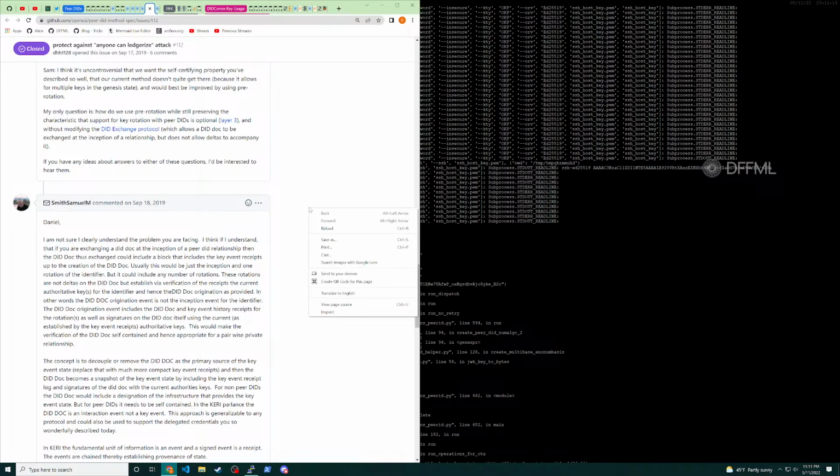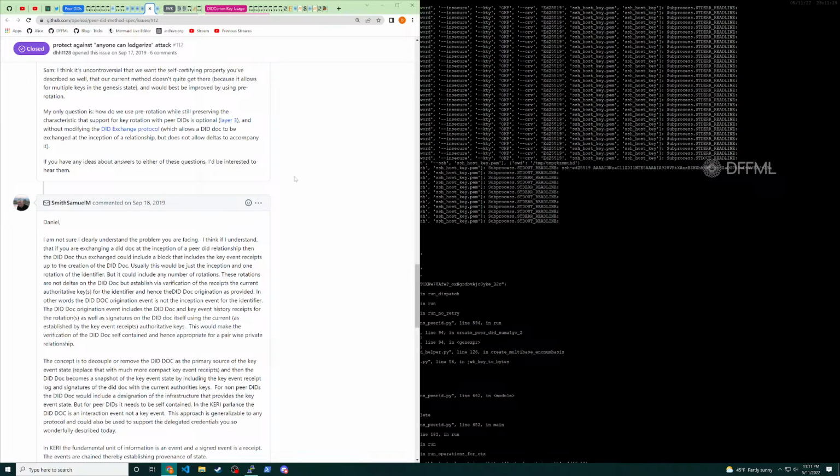When exchanging a DID doc at the inception of a pure DID relationship, the DID doc thus exchanged could include a block that includes the key event receipts upon the creation of the DID doc. Usually this would just be the inception and one rotation of the identifier, but it could include any number of rotations.